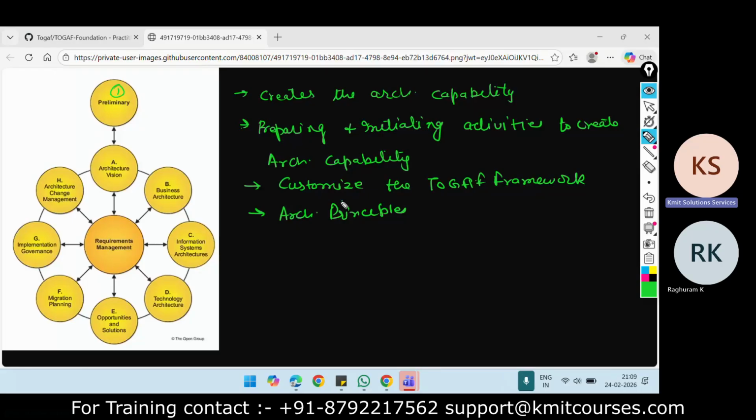And this capability is basically to define the architecture principles.